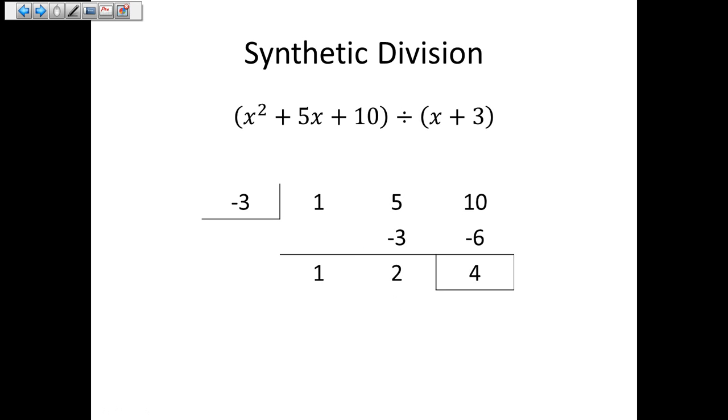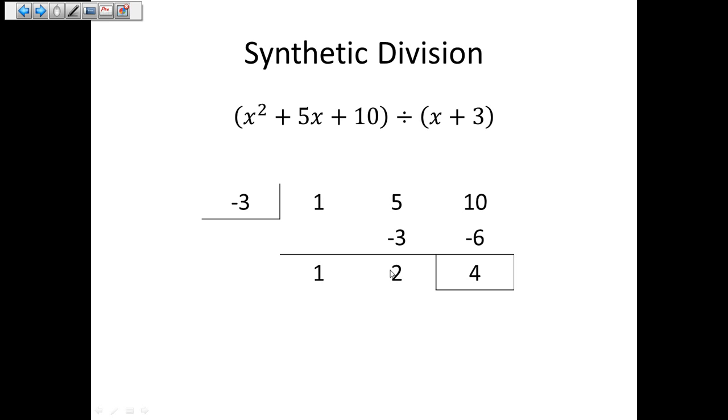Now I'm actually all done with my synthetic division. This last number, whatever it is, sometimes it's a 4, sometimes it's a different number, sometimes it's a 0, whatever this last number is, that's my remainder. These numbers in front are the coefficients on a new polynomial, on my answer. This number right in front of the remainder is always the constant term, and then it goes on up from there.